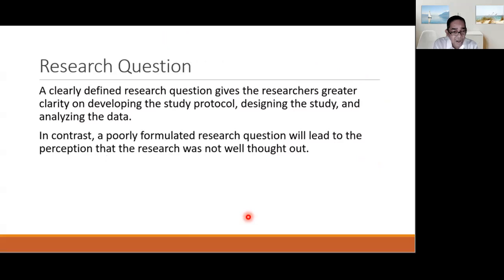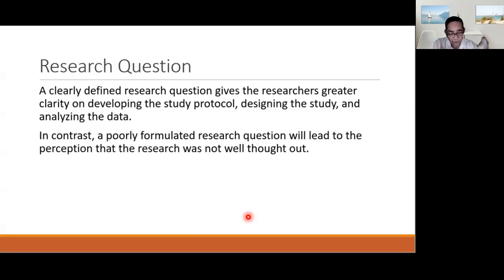In contrast, a poorly formulated research question will lead to the perception that the research was not well thought out. But for one to be able to clearly define a research question, we need to go back to the research problem.